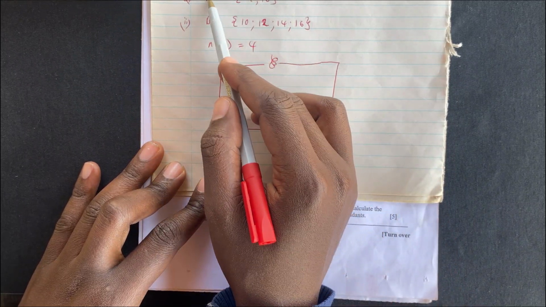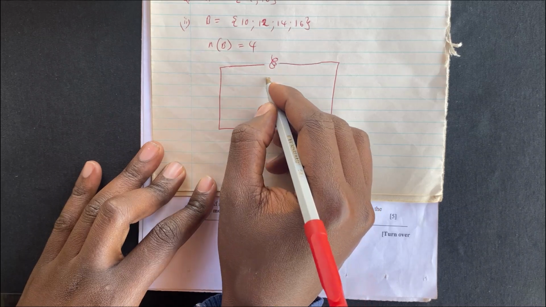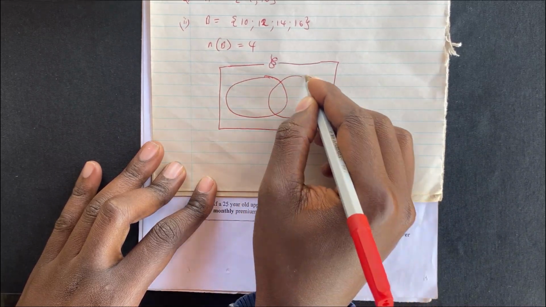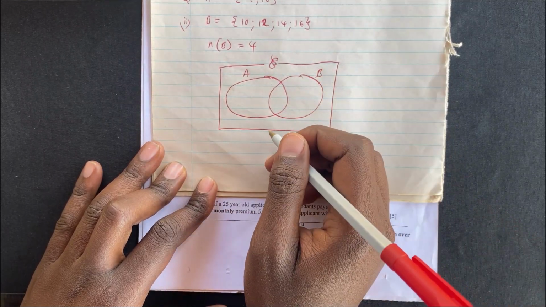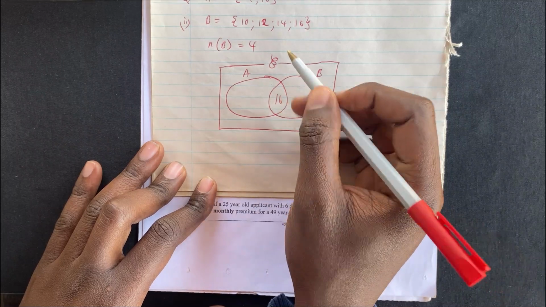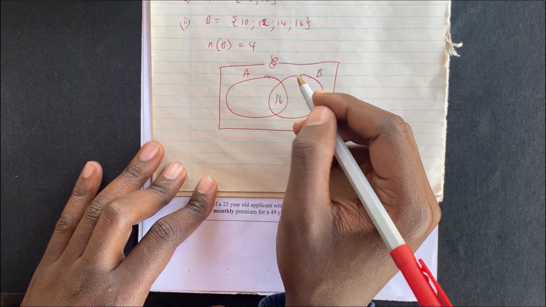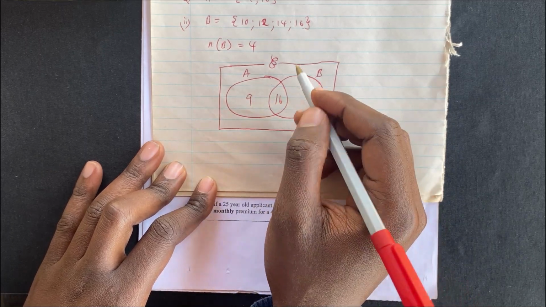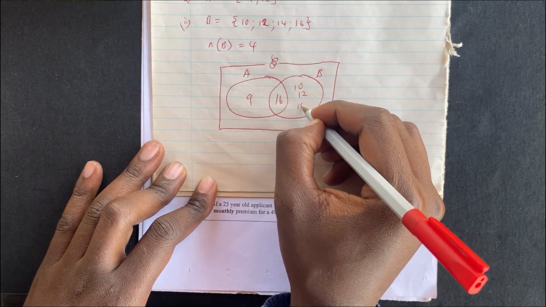So sets A and B intersect at 16. So I'm going to put an area of intersection. This is set A, this is set B. So here there's 16, which is in set A and also in set B. And then there's also 9 in set A. In set B, there's also 10, 12, and 14.